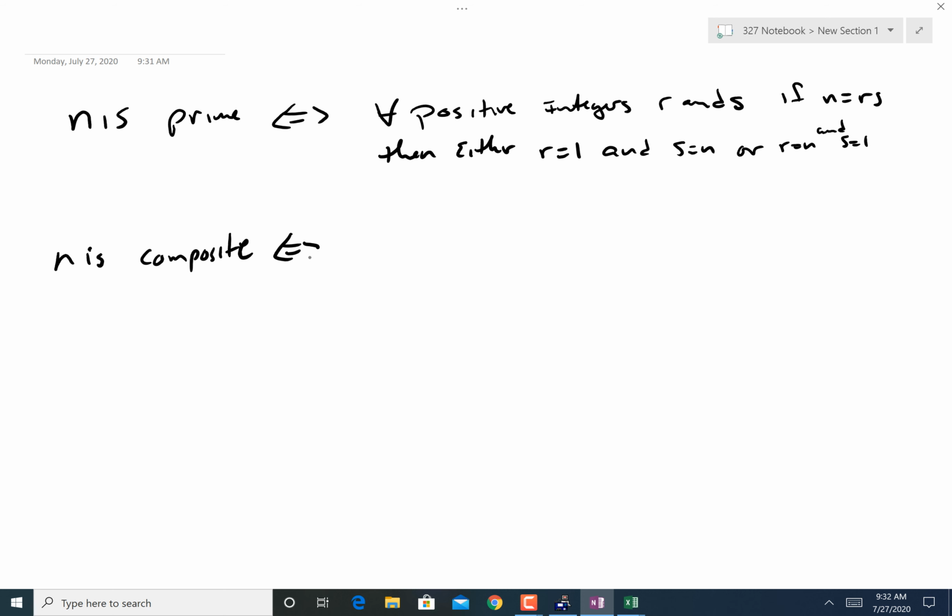If n is composite, which is the opposite of being prime, in case you've forgotten, the same exact thing applies, such that n is equal to rs. And furthermore, you must write this.